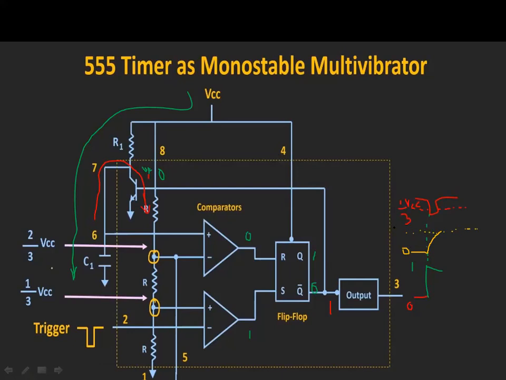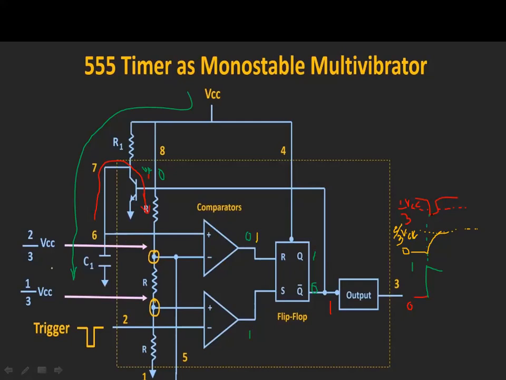That is, when the capacitor acquires 2 by 3 VCC. When the capacitor charges up to 2 by 3 VCC, then what happens? When it reaches 2 by 3 VCC, this comparator is going to change its state to 1.